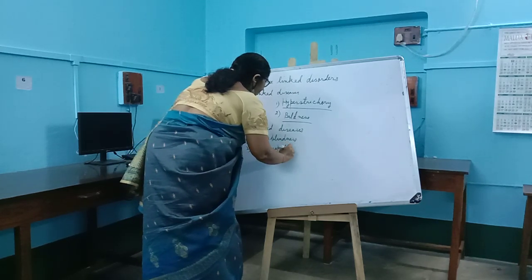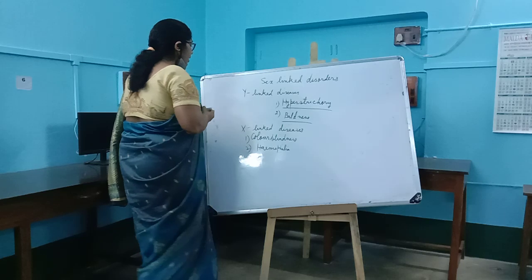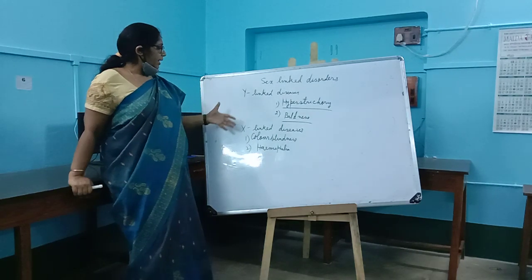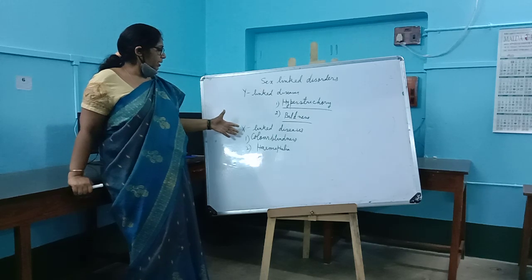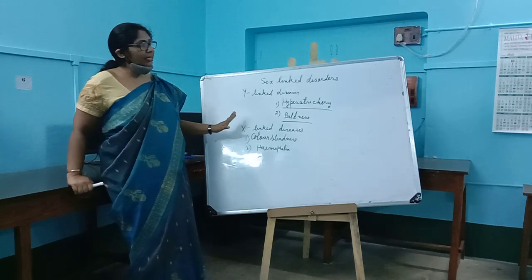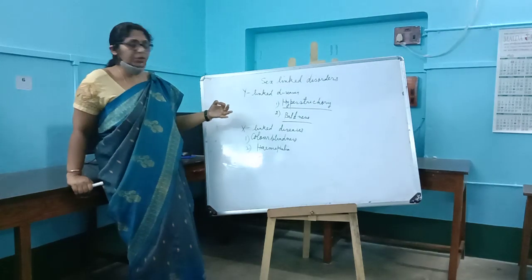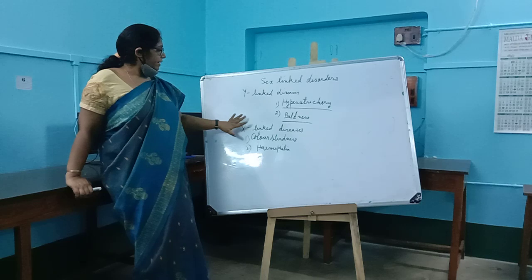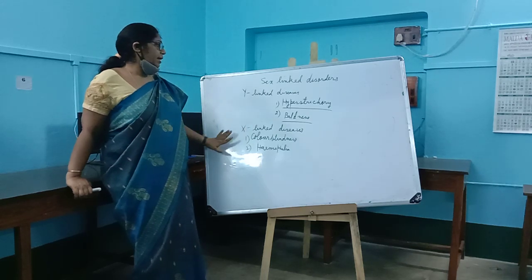Color blindness is a condition where different shades of, say, blue, then different shades of red, cannot be identified. And hemophilia, where the clotting factor is absent, and whenever there is a cut or wound in the body, a lot of bleeding takes place. So these are the X-linked diseases, color blindness and hemophilia.